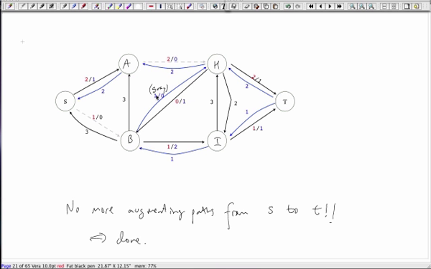What I want to show you is that as a result of this algorithm, when there are no more augmenting paths from S to T, let's consider all of the nodes that you can reach from S. In this case, the only nodes that we can reach from S are S and A.